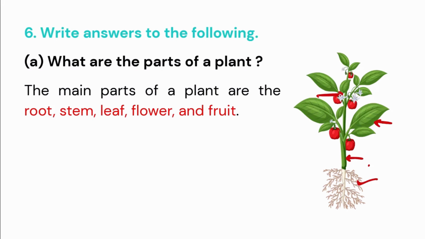This is the flower, white in color, and fruit. These red colors that we can see here are fruits, and these are the main parts of a plant: root, stem, leaf, flower, and fruit.